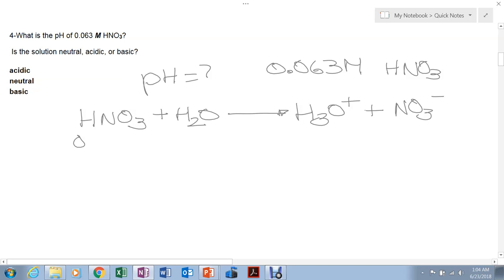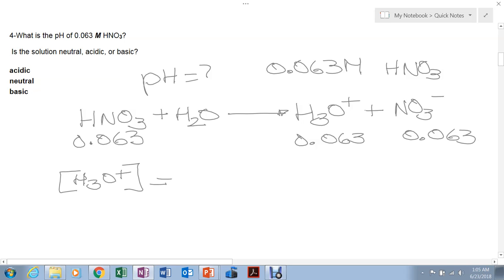So if you got here 0.063, meaning that all this is present in ions, you're going to get 0.063 and 0.063. So that means that the concentration of H3O plus would be equal to 0.063.